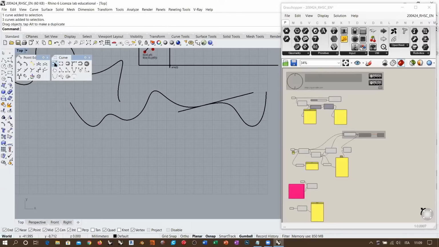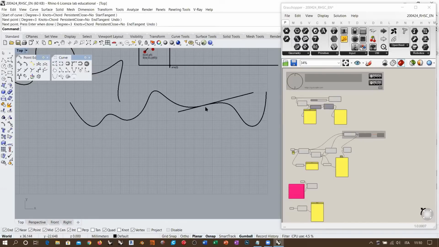So how can we achieve this kind of behavior? How can we work with a control point curve, clicking on a point and making that curve pass through that point?